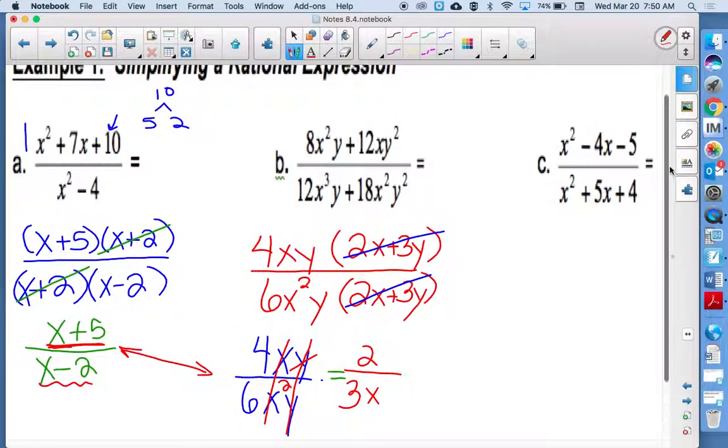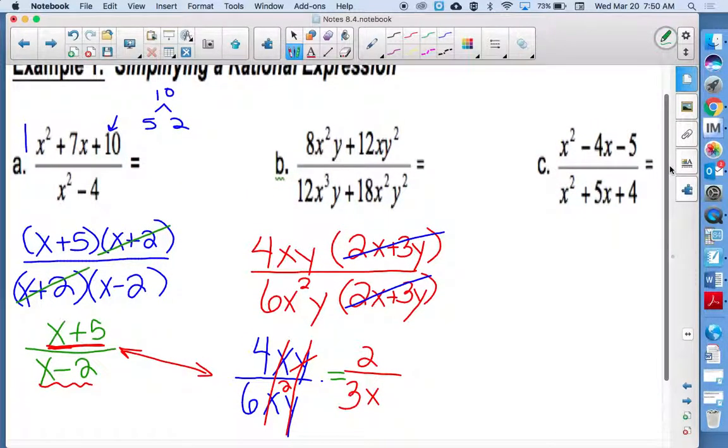So looking at number 3, again, we have a problem here that needs to be factored first. So looking at that AC, this is the shortcut AC again for both of these. We're looking at a 4 on the bottom and negative 5 on the top. So will two numbers that multiply to be negative 5 combine to be negative 4? Right the first time.